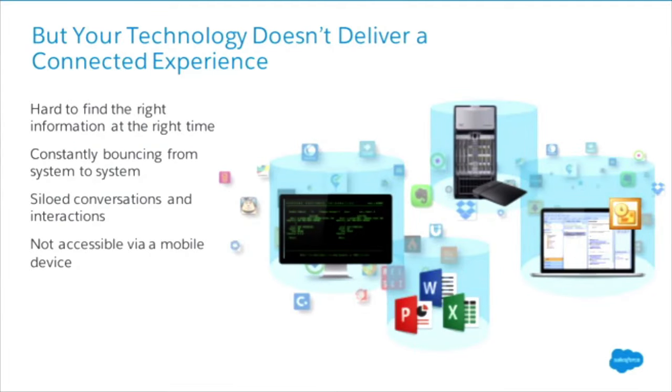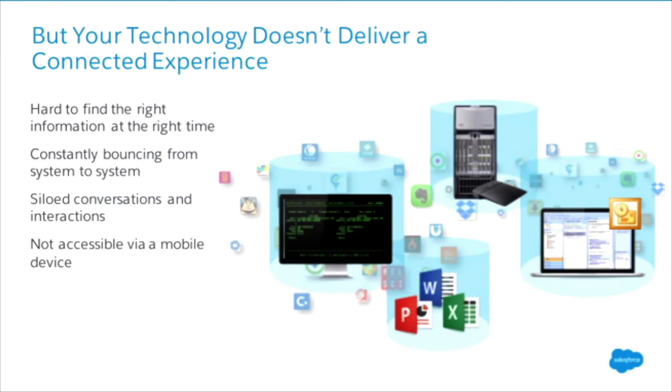Unfortunately, legacy business technology doesn't deliver the connected, engaging experience that employees expect, and employees are disengaged and less productive as a result. Employees expect relevant, up-to-date information, and in reality, it's hard to find the right information at the right time. Employees expect effortless access to systems and apps.